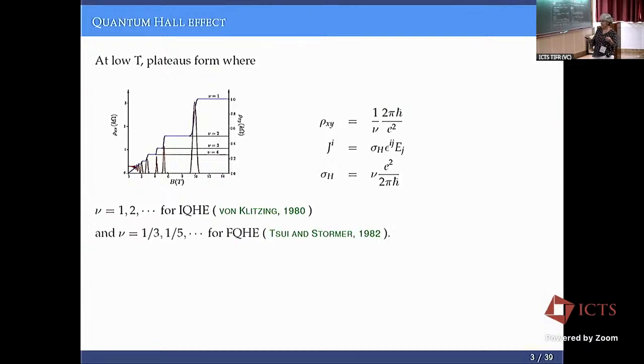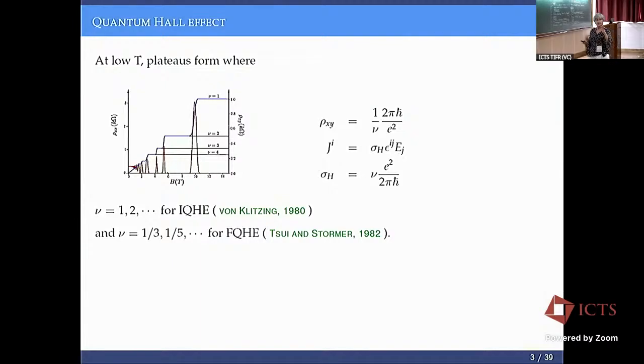Okay, another surprising result a few years later was that there are also plateaus that appear for particular fractions for nu. So nu is 1/3, 1/5. Particular fractions, we also observe these plateaus. This goes under the name of fractional quantum Hall effect, observed by Tsui and Stormer in '82, and also got a Nobel Prize a couple of years later.